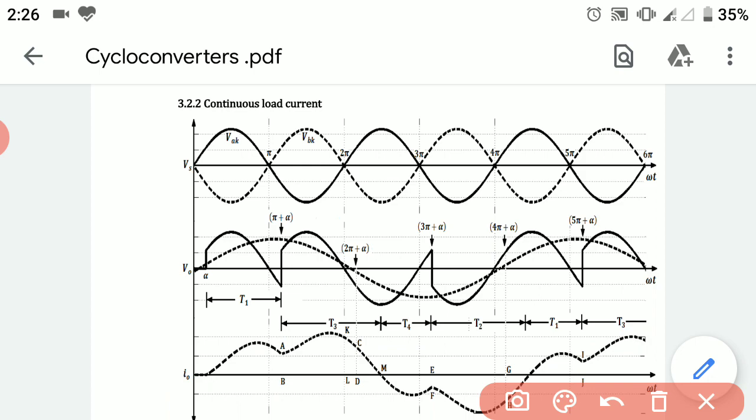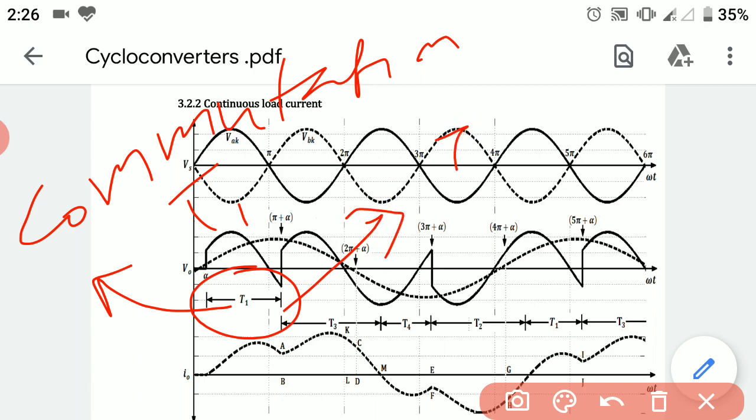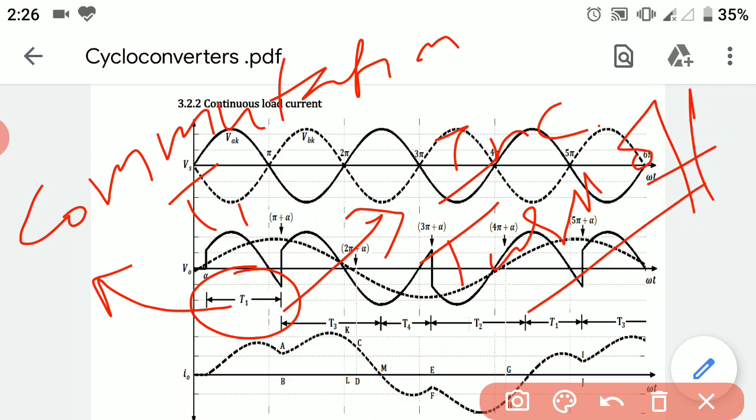Actually, what we have to do is just increase the commutation process of thyristor T1, which means we just have to increase the turn off time of thyristor T1.